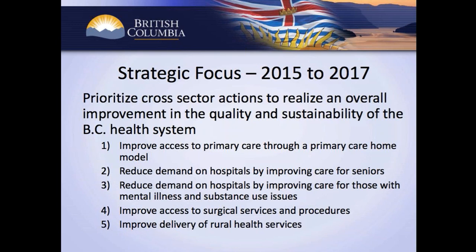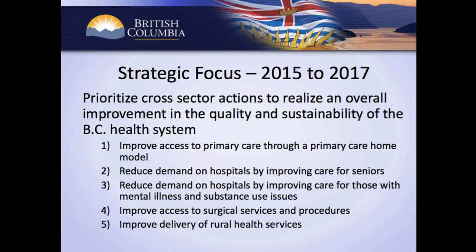Those 5 areas are to improve access to primary care through a primary care home model, and you'll be hearing more about that in the future. Reduce demand on hospitals by improving care for seniors. Reduce demand on hospitals by improving care for those with mental illness and substance abuse issues. Improving access to surgical services and procedures. And improving delivery of rural health services.